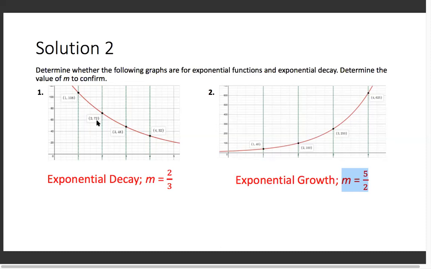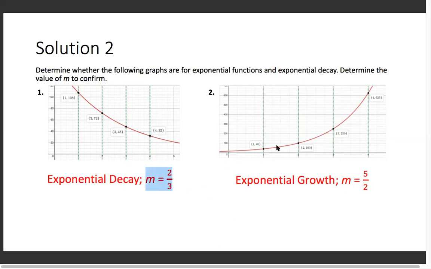So 72 divided by 36 is 2, and 108 divided by 36 is definitely 3. Thus, the multiplier in this particular exponential function is 2/3.